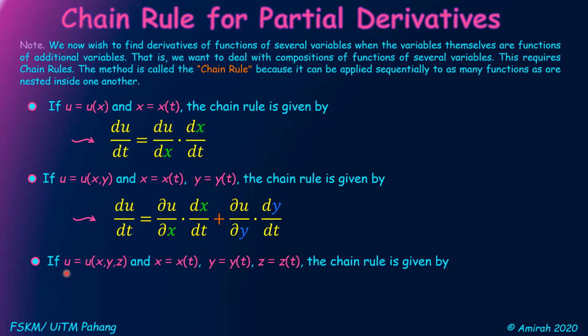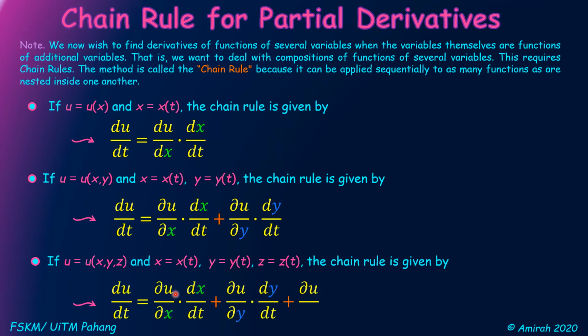And then if we have u in terms of three variables x, y, and z, and x is given in terms of t, y in terms of t, and z in terms of t, the chain rule is given by du over dt equals del u over del x times dx over dt plus del u over del y times dy over dt plus del u over del z times dz over dt.